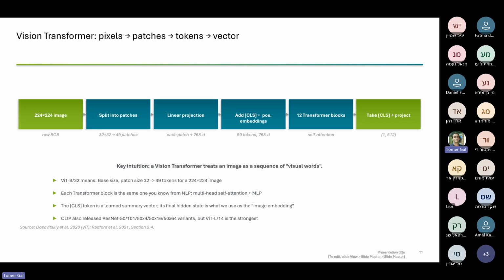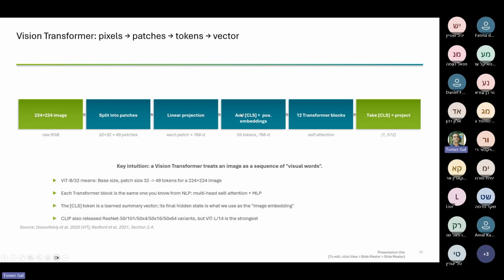Okay, now the aspect of the vision transformer. For the vision transformer, we have the image, let's say 224 by 224. We split it into patches, 32 by 32 patches. Then we do the projections, so each one of the patches goes to a 768 dimension.